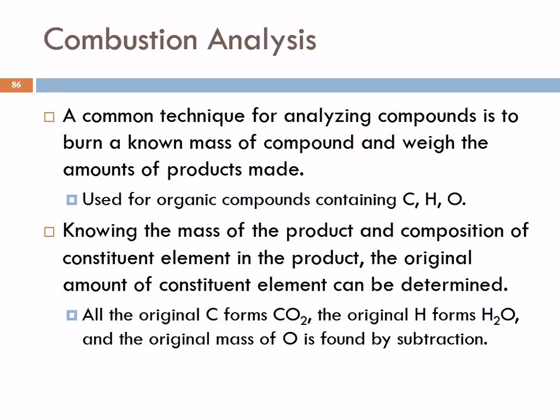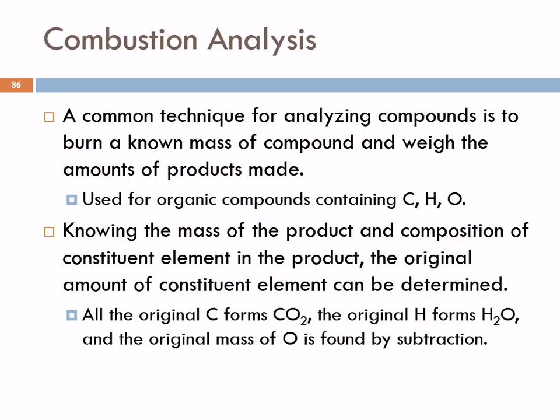Combustion analysis is a common technique for identifying empirical formulas. This is especially used for organic compounds that contain only carbon, hydrogen, and oxygen. So we know the mass of the substance, and then we burn it. All the carbon from the original compound forms CO2, and we can catch that and weigh it.